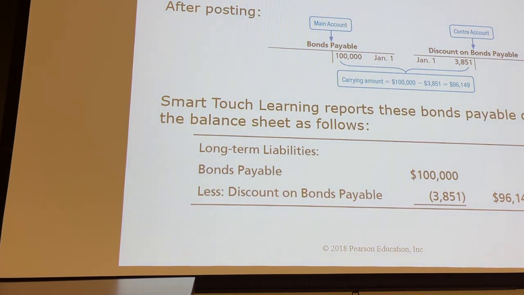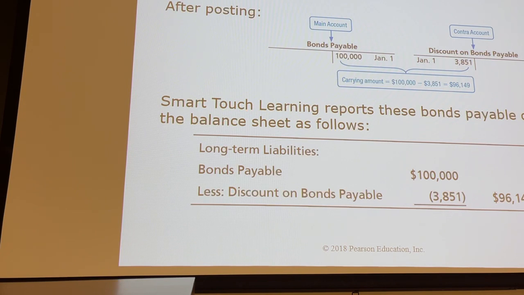Now, if we look at the way the bonds are going to be reported on the balance sheet immediately after this transaction, it's going to say under long-term liabilities, bonds payable $100,000, less discount on bonds payable $3,851, and then what we would call the carrying amount of the bonds, which is the difference here, would be $96,149.